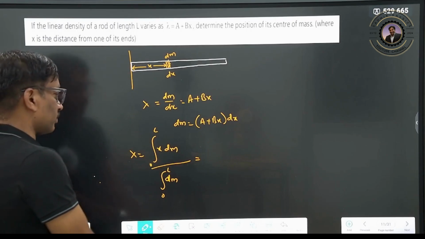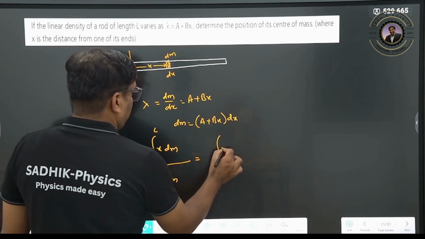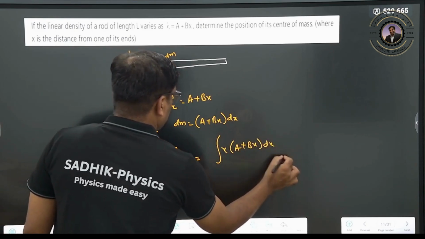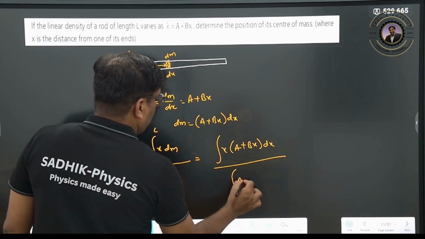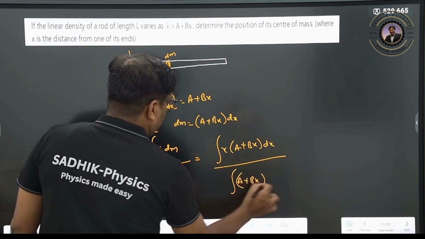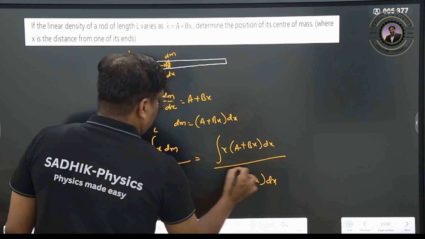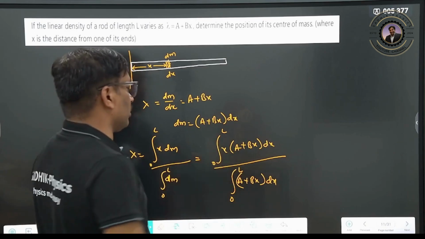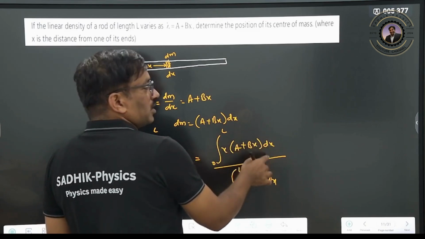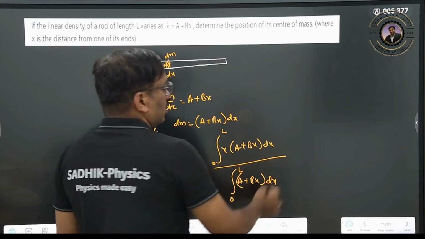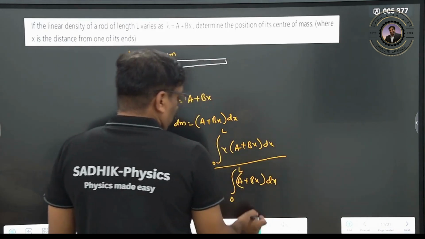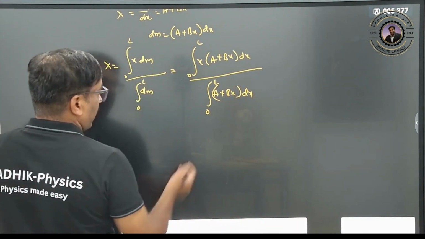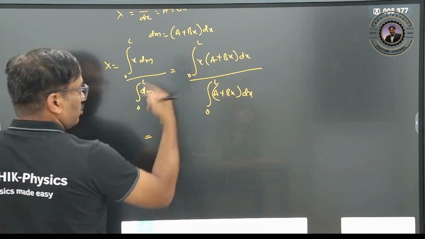Clear? Now integration of x into a plus bx into dx divided by integral a plus bx into dx, 0 to L. Just continue this integration further. Do ax and bx square separately. For those who don't know the integration, I am expanding; if not, please go through the next concept.